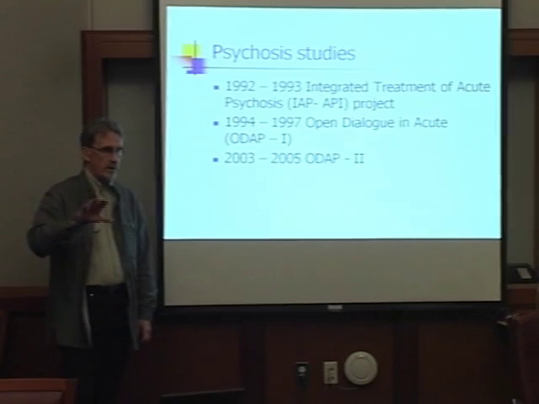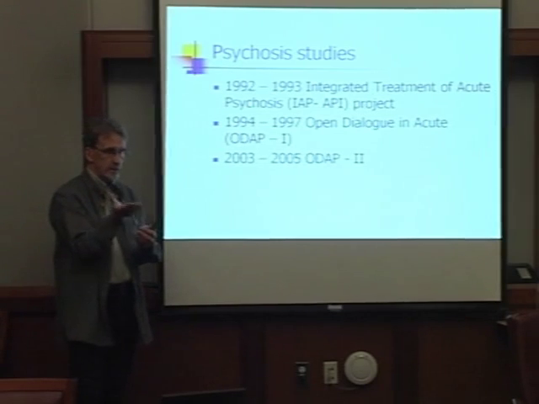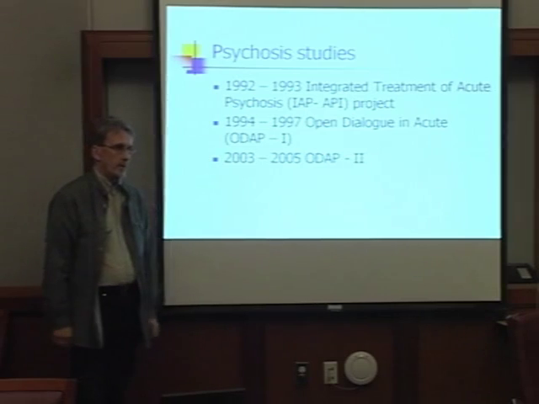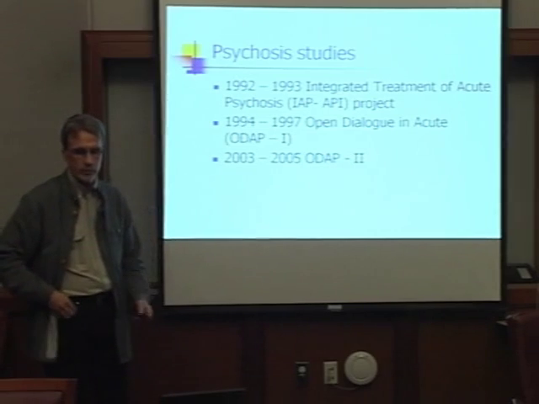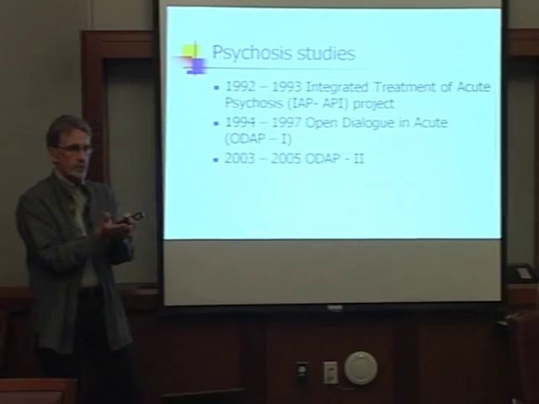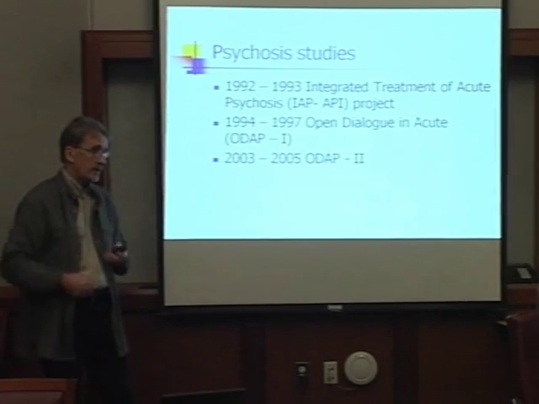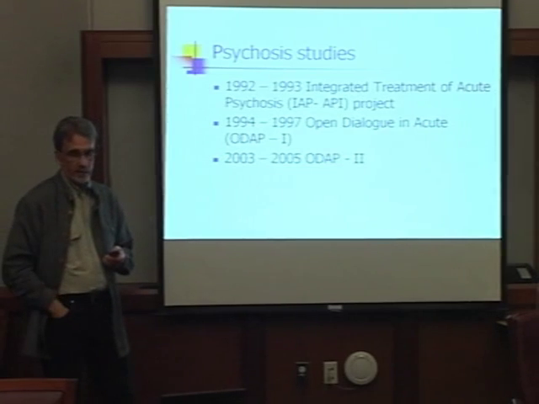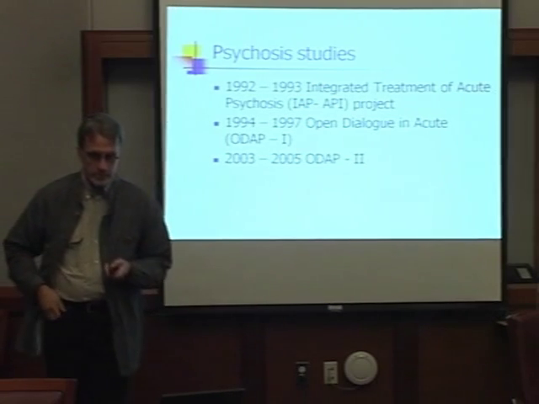Someone even accused us of selecting the easiest patients and excluding the most severe. For that reason, we took a new project, 2003 to 2005, to have a new sample of first-episode psychotic patients, to see if the outcomes we had until 10 years before in the previous period of research were still there.